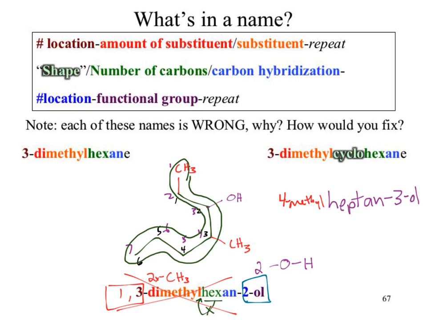That does not make those names correct. So you have to be very, very specific within your name to make sure that you follow the rules. Which means to do nomenclature, what do you have to do? You need to have all the rules memorized. If you don't know the rules, you suck at drawing structures. There's no way around it.